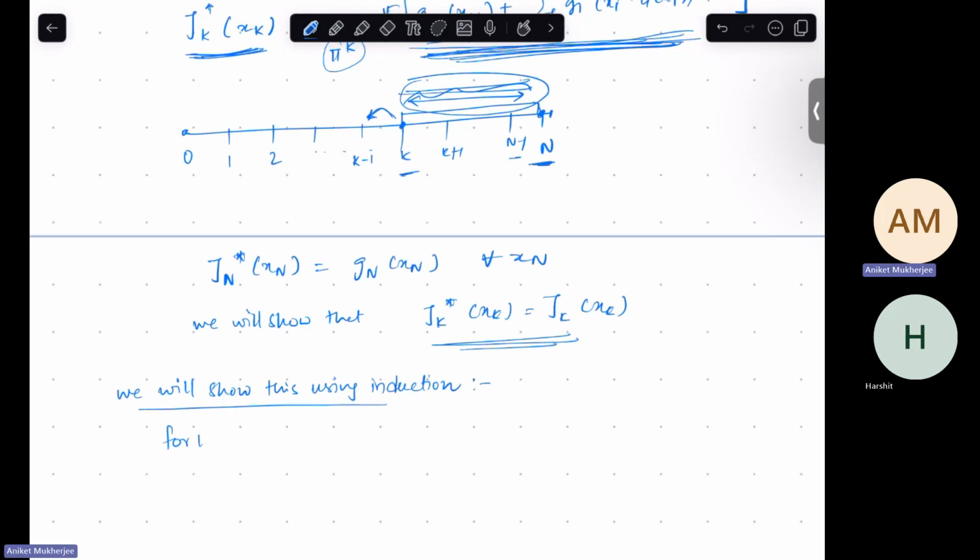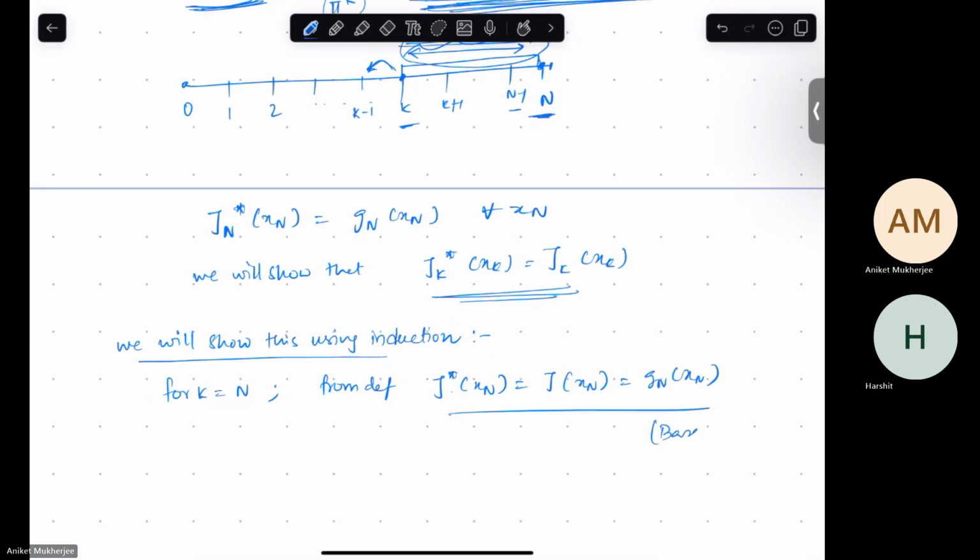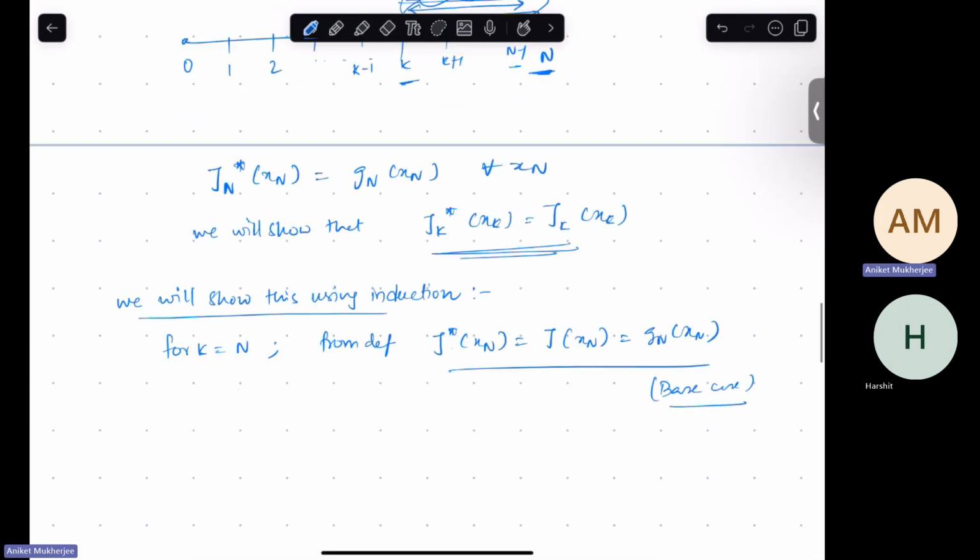So for k equal to n, from definition, we have J star of xn equal to J of xn equal to gn of xn. This is from definition. This is the base case in induction.